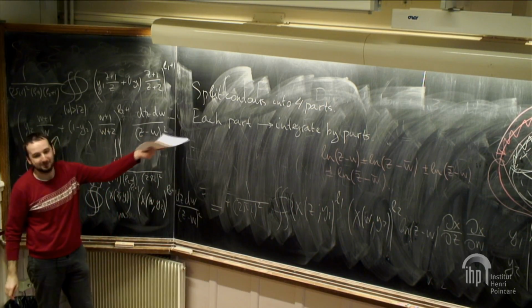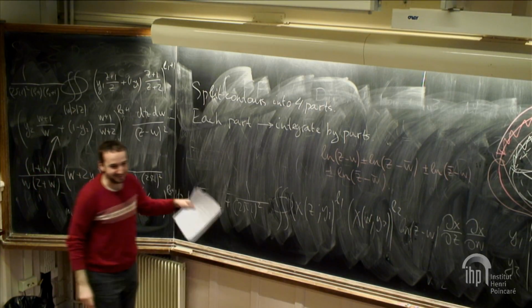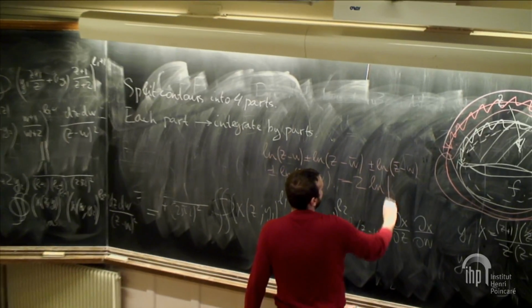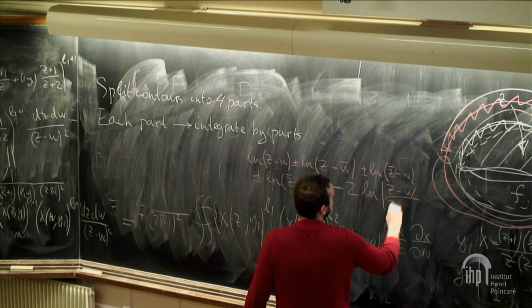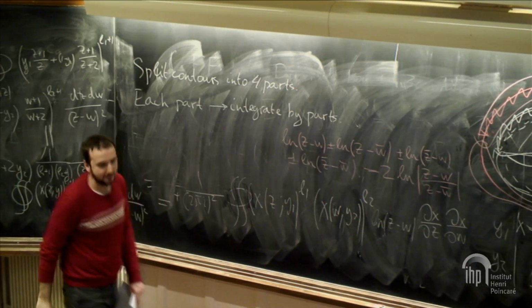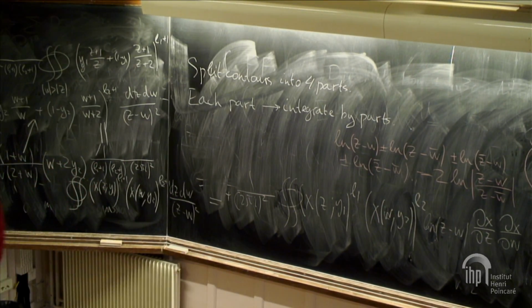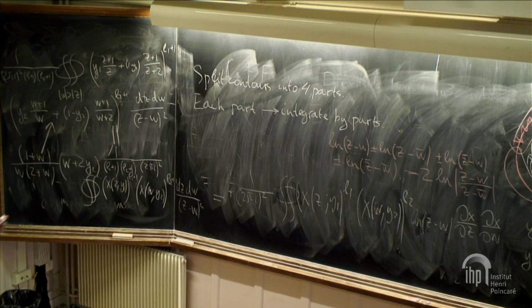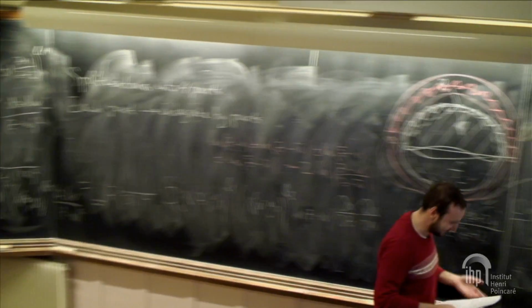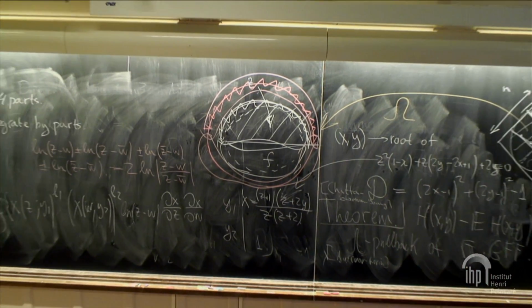Okay, now if you carefully figure out what the signs are, then the result will be precisely twice the logarithm of the absolute value of z minus w divided by z minus w bar. Well, there is a choice of signs which gives you that. Yeah, only one. That's true.